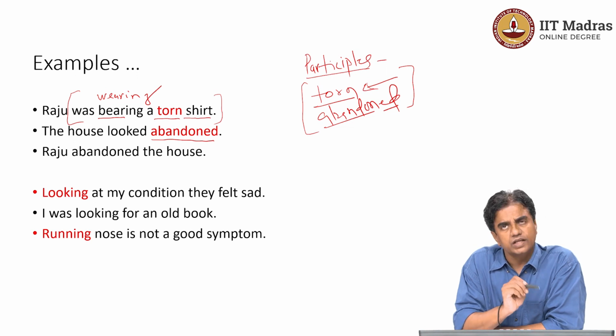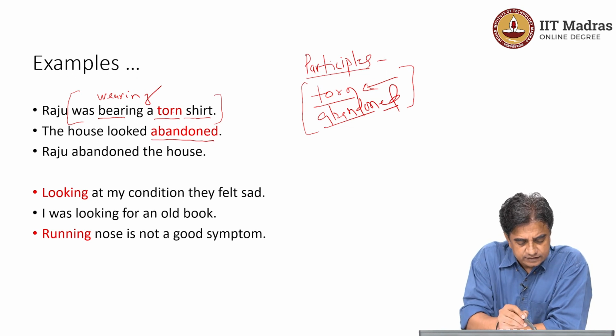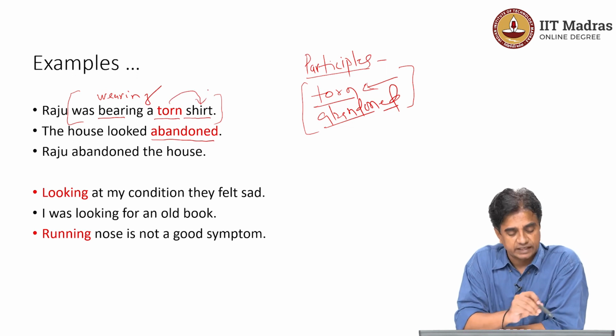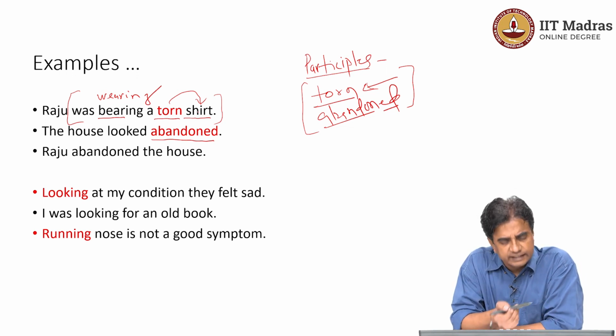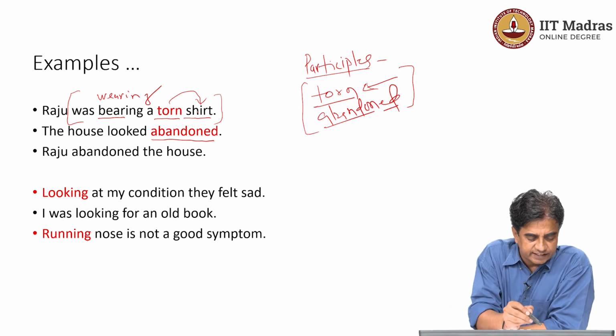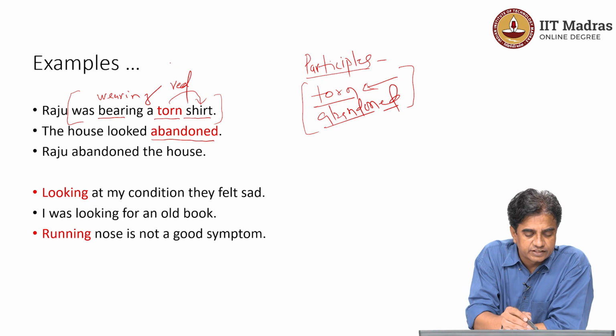Now, what is the function of this? The function is that they do look like verbs, but they seem to be modifying this noun. That is, torn looks like it's modifying the noun shirt. In a way, we will have things like red shirt or white shirt.